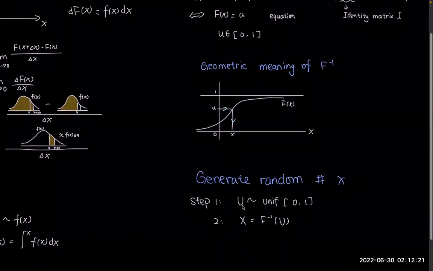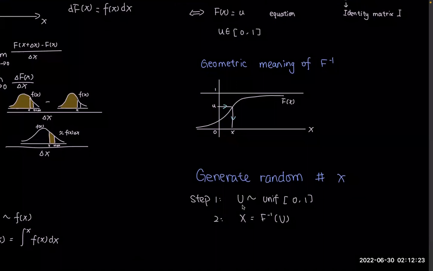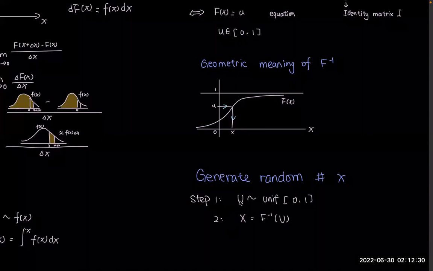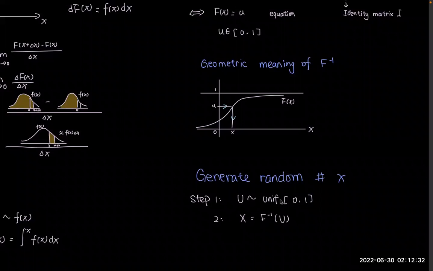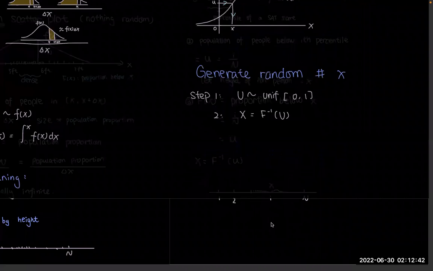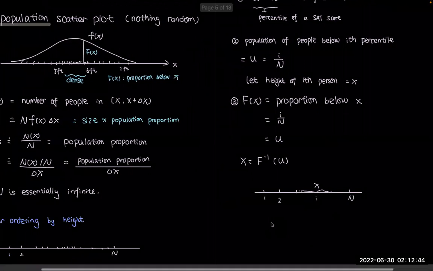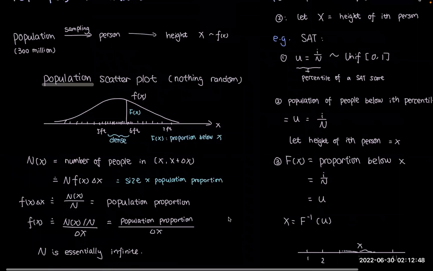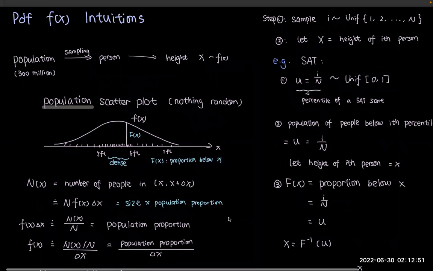Therefore, the algorithm for generating any random variable that follows the density f(x) is to first generate u from uniform 0 to 1, and then return x to be F inverse of u. That's the inversion method as we studied last time. This time I want to give you a more concrete idea about this inversion method.